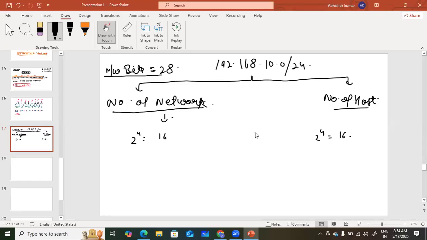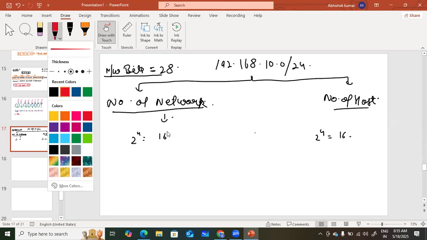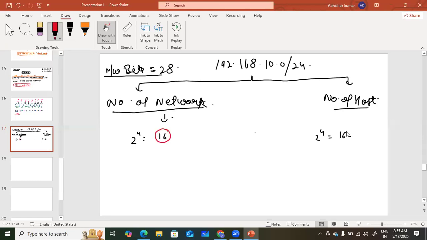Can we discuss it now? The table? Everyone, can we discuss it? Yes. So I hope everyone is getting the number of networks as 16 and the number of hosts as 16 as well.